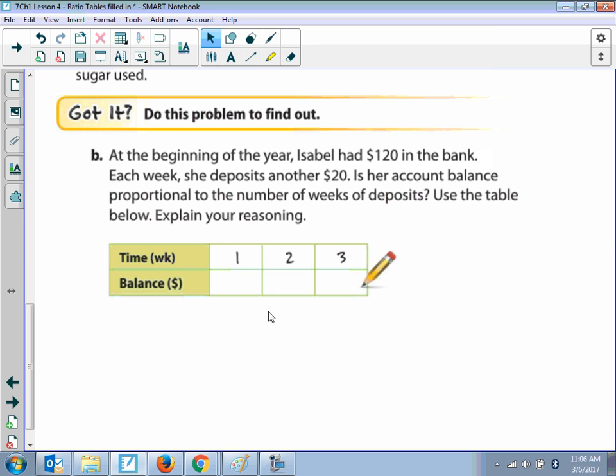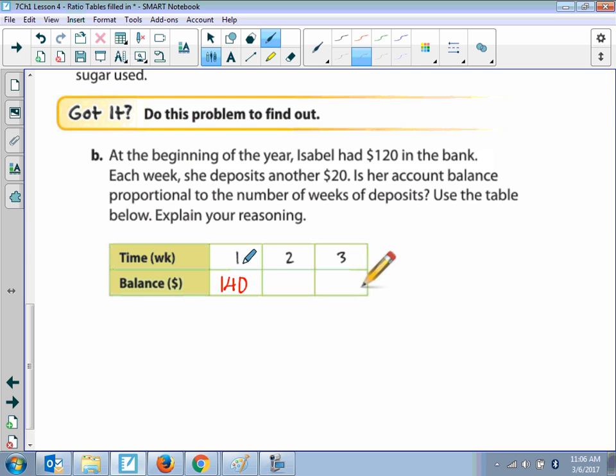So, she originally had $120 in the account, right? So after the first week, she puts in another $20. So how much is she going to have? She has 20 plus the other 120. So that's 140. Very good.